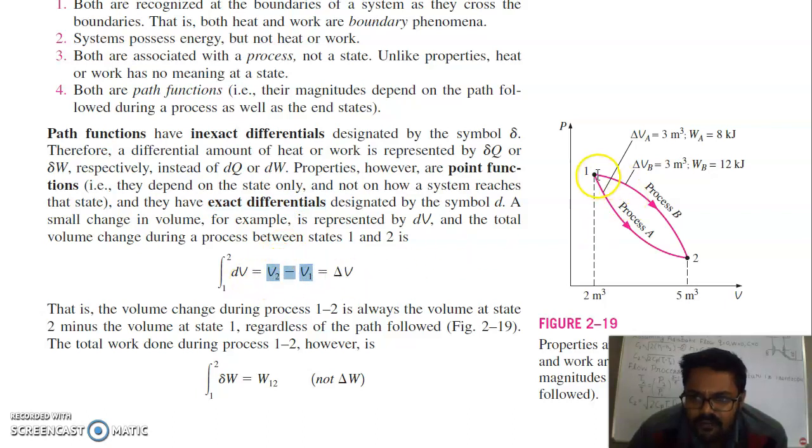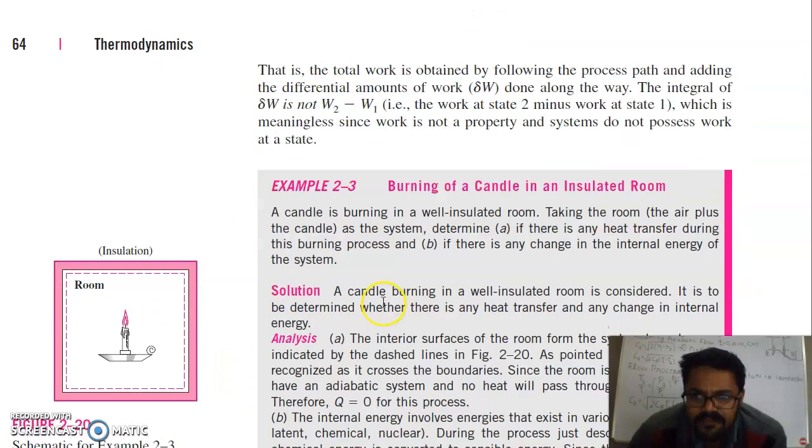Exact means that whatever path you follow, you will get the same value of V. While inexact differential means it depends on the path. If you go from 1 to 2 through this path, it will depend on this path, so you will get a different amount of work. And if you follow path B, this integral will give you a different value.